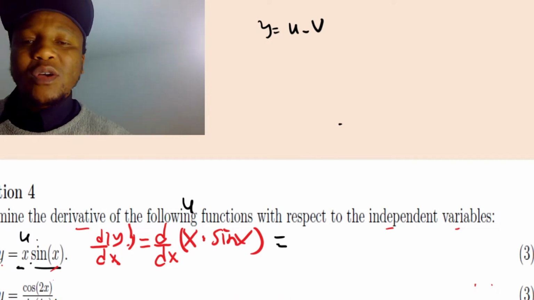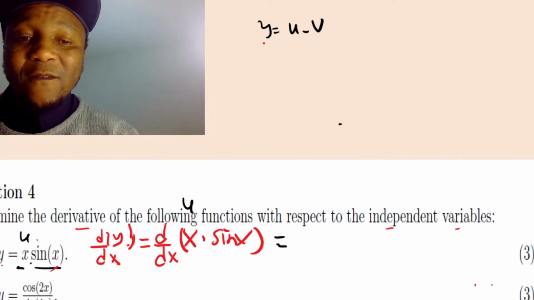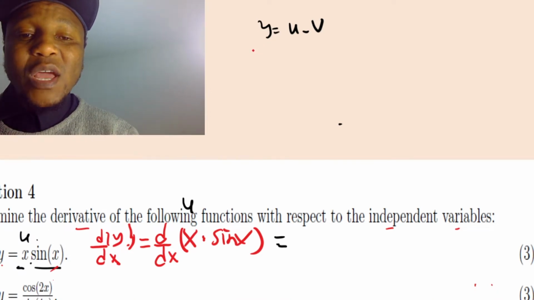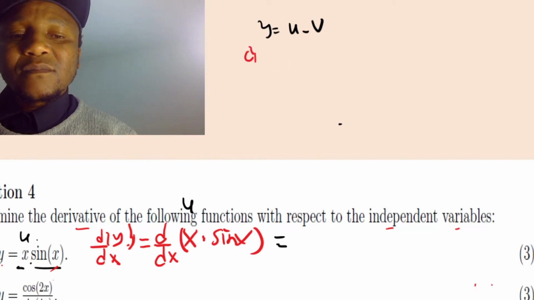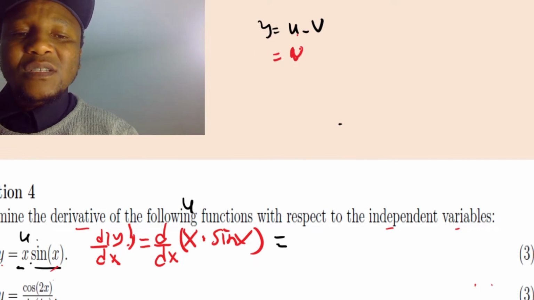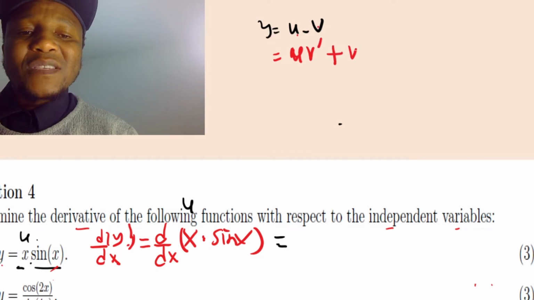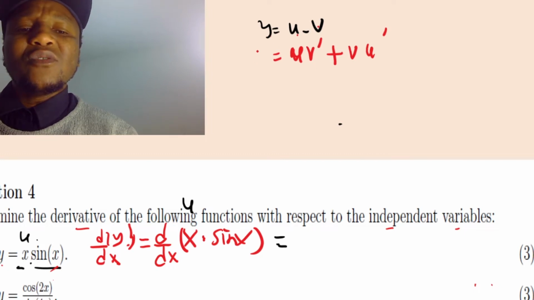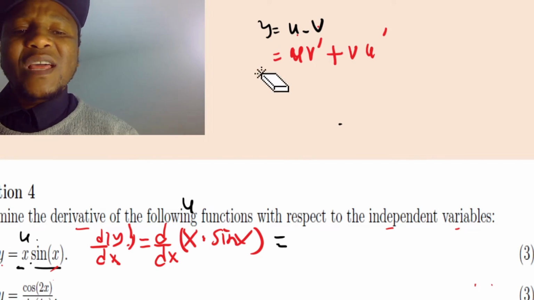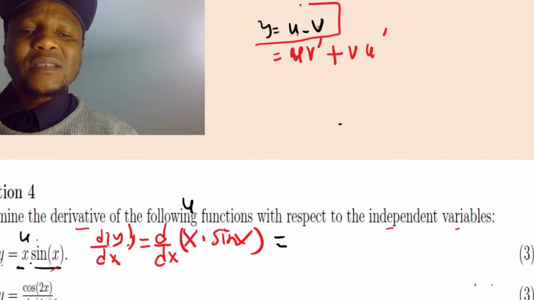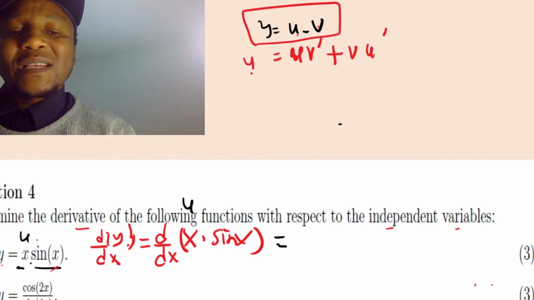Write everything in the exam or in whatever assignments they give you. So dy equals: when you differentiate this, you write the first one constant and differentiate the second one, plus the second one constant and differentiate the first one. That's what you get, and this could be y dash.